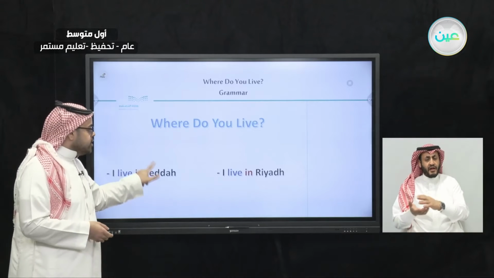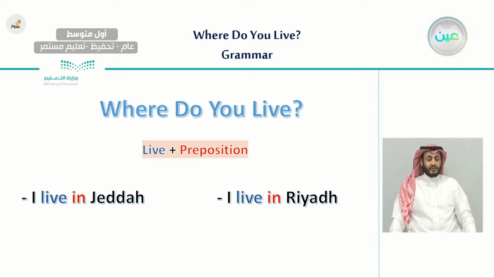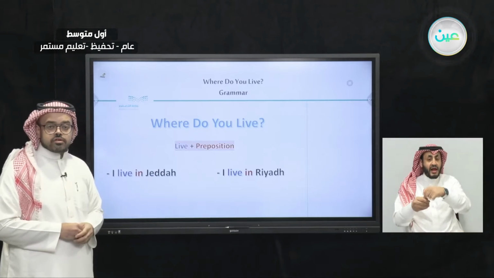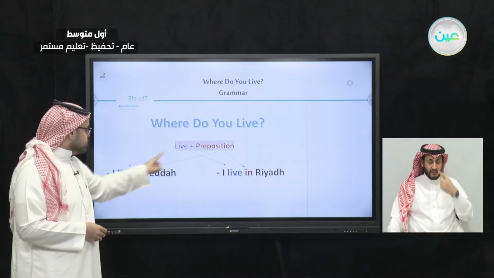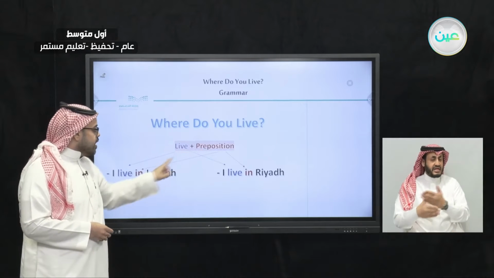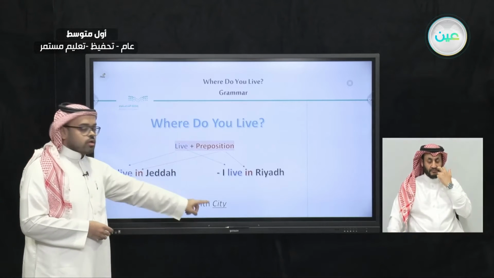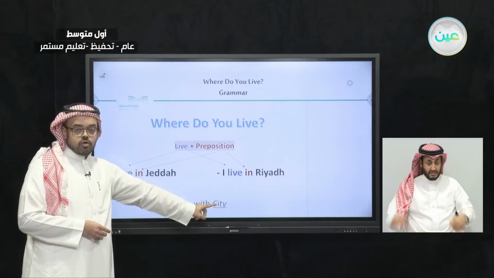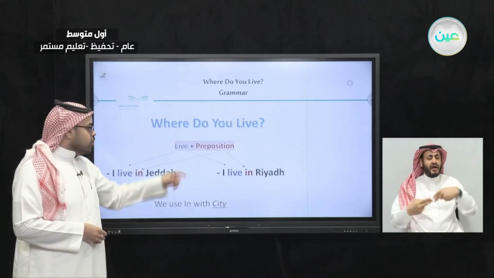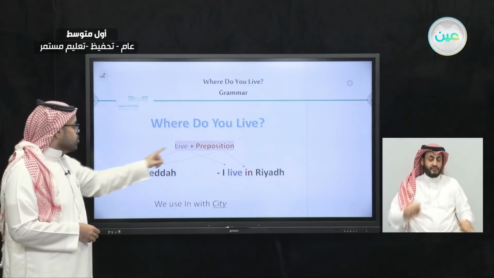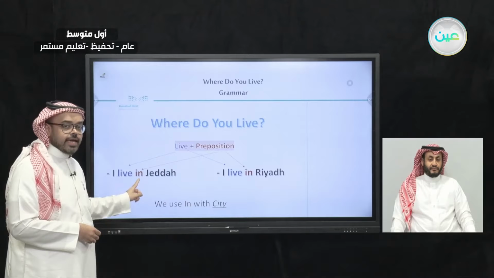So, the idea here, and this is our first grammar point for today's lesson, is that we should use live plus a preposition according to the answer we have. For example, here we use live followed by a preposition. If we want to talk about any city or any neighborhood, we use the word live plus the preposition in.